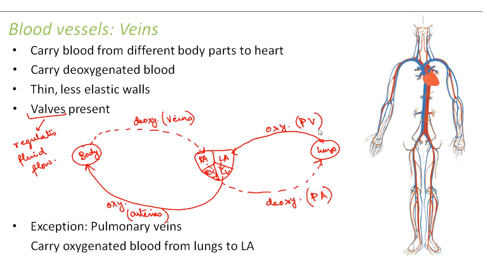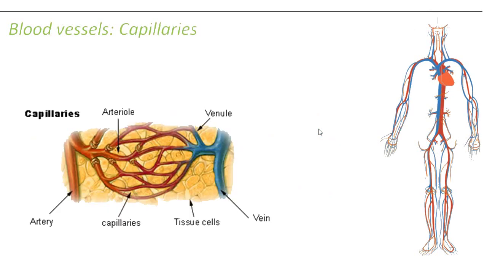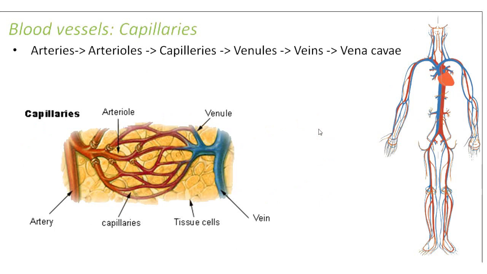Only exception is pulmonary artery, which carries deoxygenated blood. Similarly, veins are those blood vessels which carry deoxygenated blood. Exception is pulmonary vein, which carries oxygenated blood. Clear?